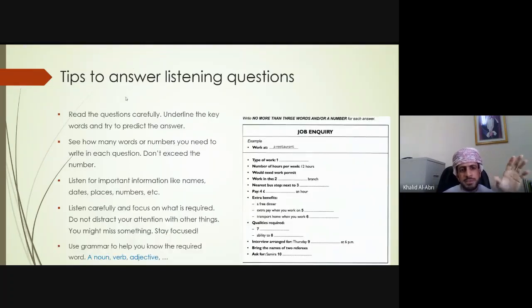Here we have some tips that will help you to answer the listening questions. This is section 1, an example I have taken from one of the IELTS exams. As you can see, there are 10 questions.